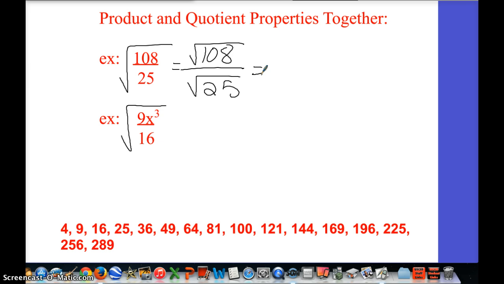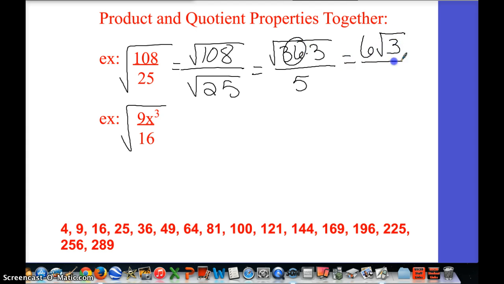Let's see if 108 is maybe divisible by, do 108 divided by 16. Nope. 108 divided by 36. Oh, 36 and 3. So the square root of 36 times 3 over, well, we know this is just 5. Take the square root of 36, you get 6 root 3 over 5. You have a simplified fraction.